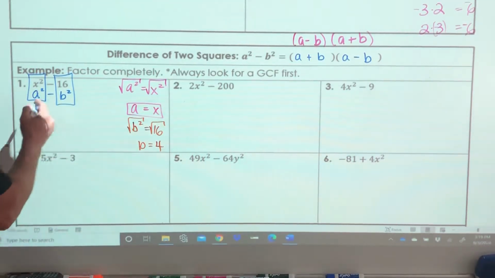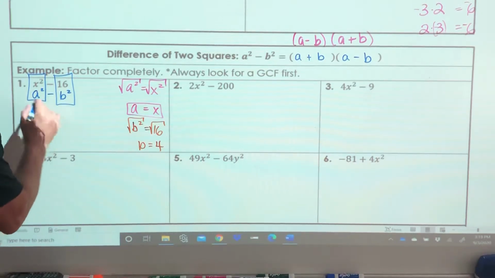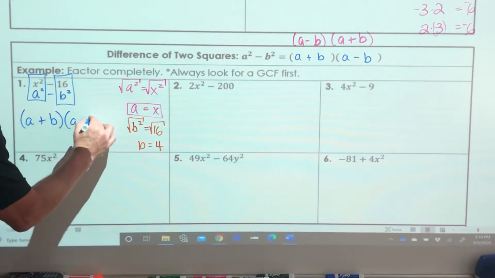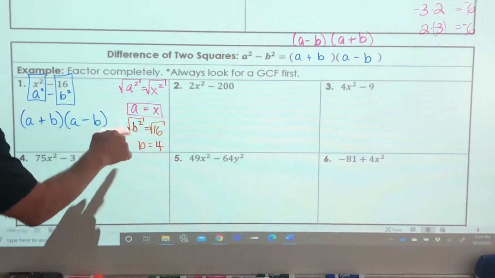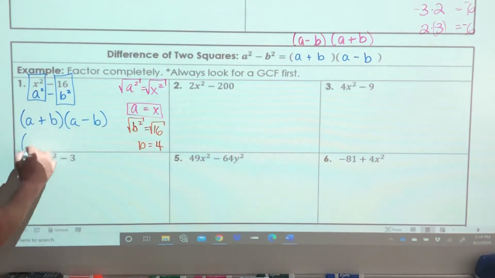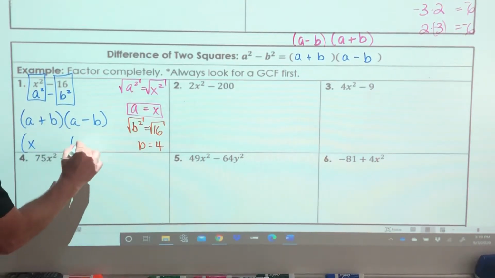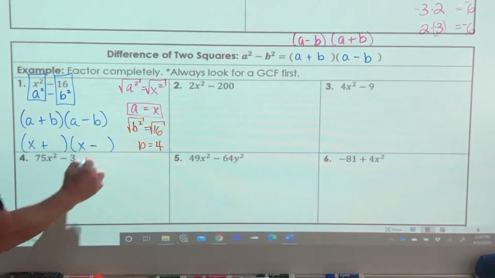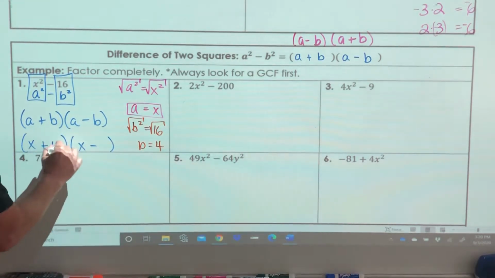So if I look at this and I say, well, this is A squared minus B squared, that equals (A plus B)(A minus B). Well, my A equals X, and my B equals 4.